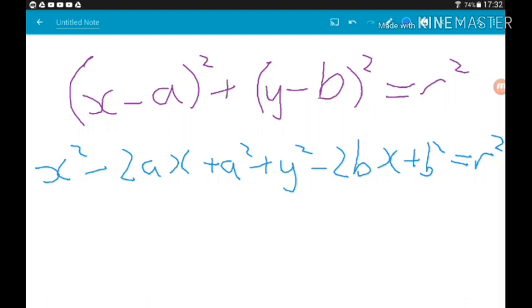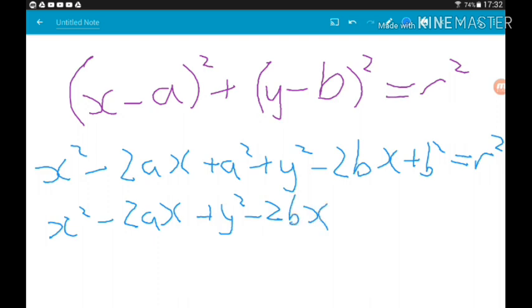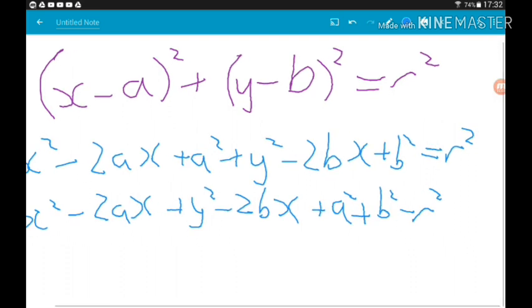Now we can rearrange this a bit and take away the r squared, and we would have x squared minus 2ax plus y squared minus 2by, and then plus a squared plus b squared minus r squared is equal to 0.